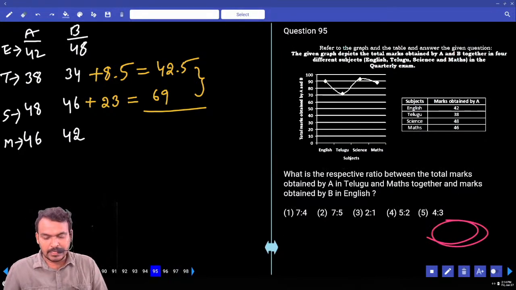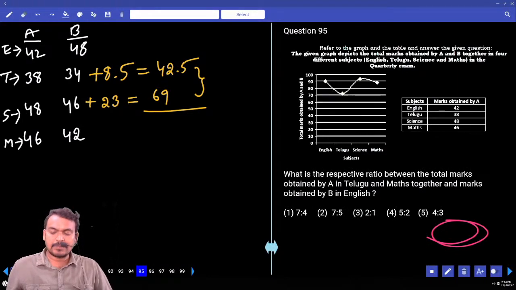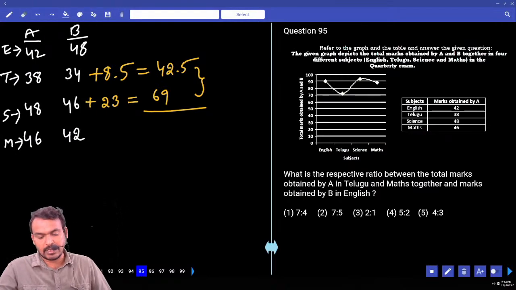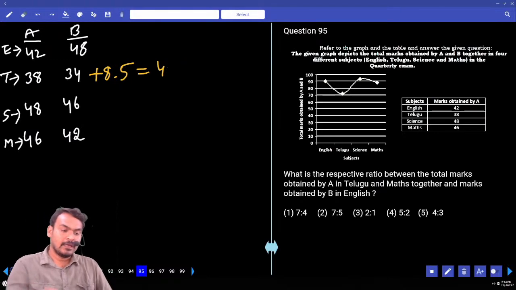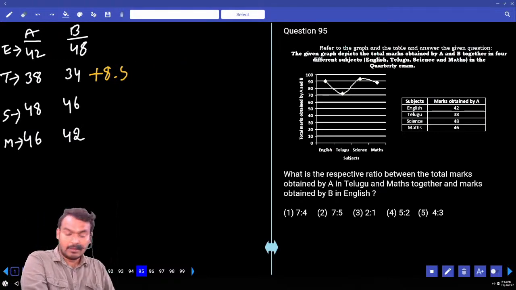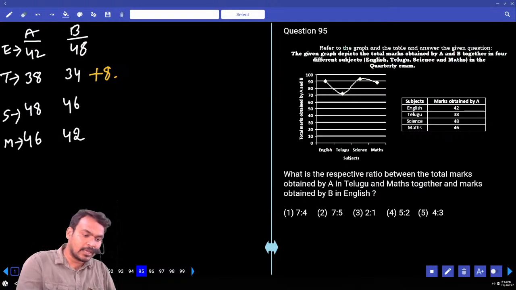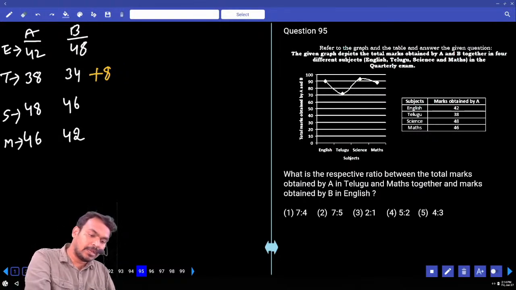Next question number 95. What is the respective ratio in the total marks obtained by A in Telugu and Maths together and marks obtained by B in English? A in Telugu and Maths. What are the A marks in Telugu? 38. Maths 46. 38 plus 46, 84.